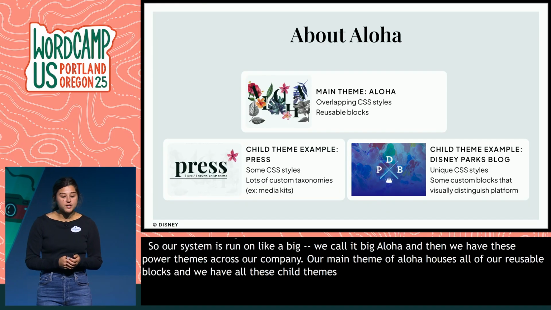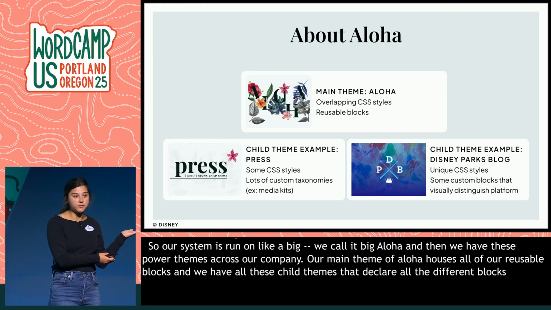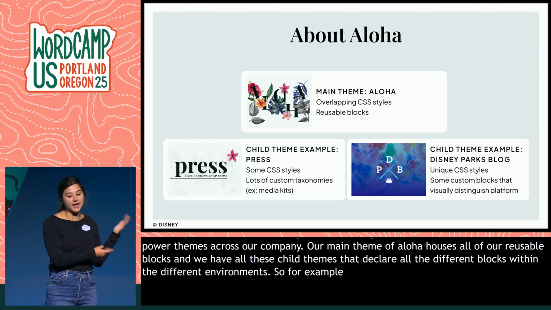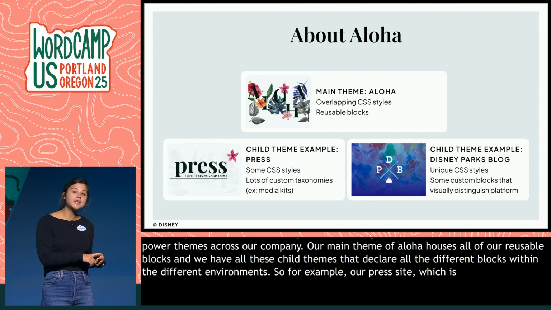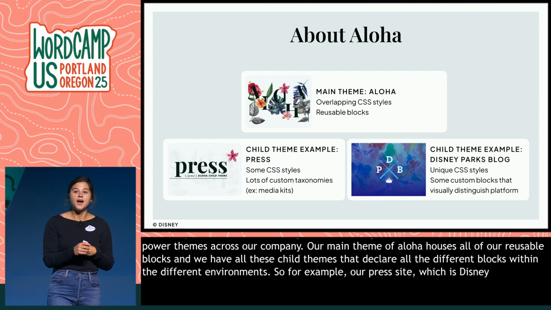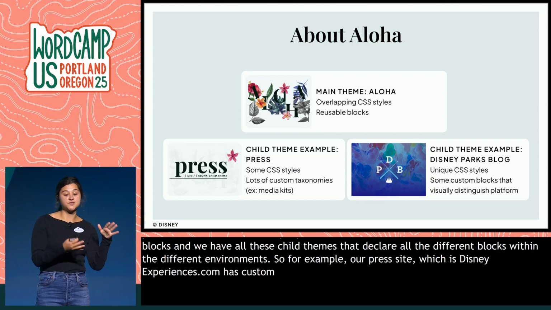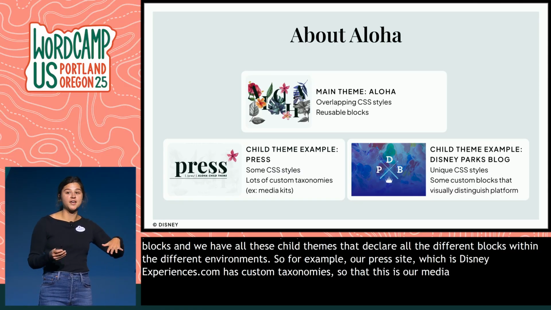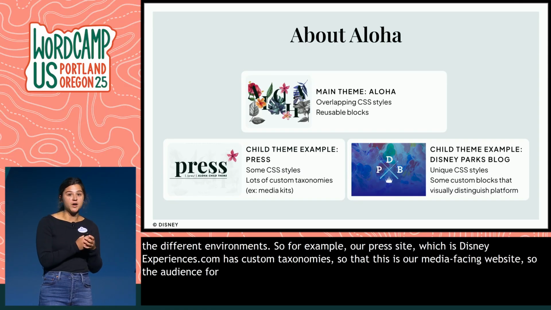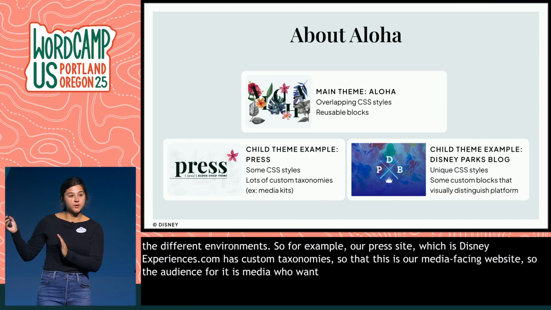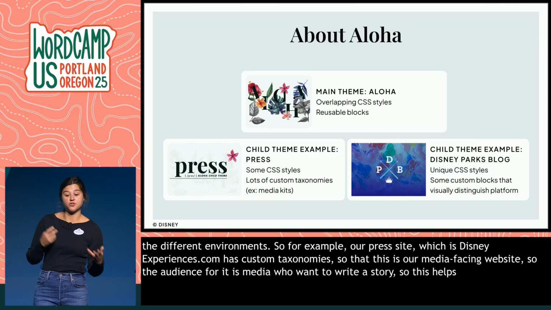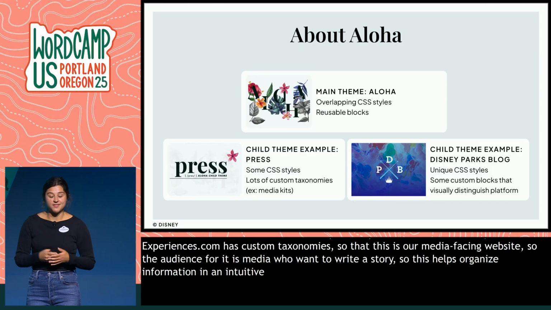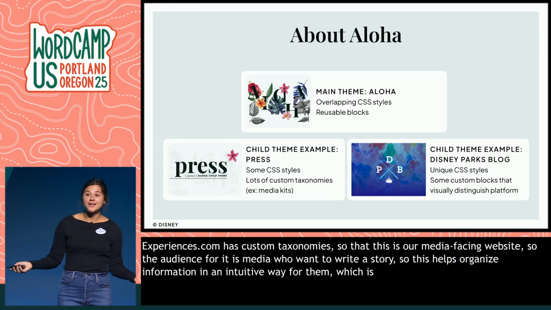For example, our press site, which is DisneyExperiences.com, has custom taxonomies like media kits and galleries. This is really our media-facing website, so the audience for it is media who want to write a story. So this helps organize information in an intuitive way for them, which is different than the Disney Parks blog, which is our more fan-based website.